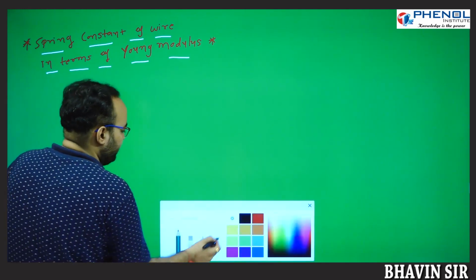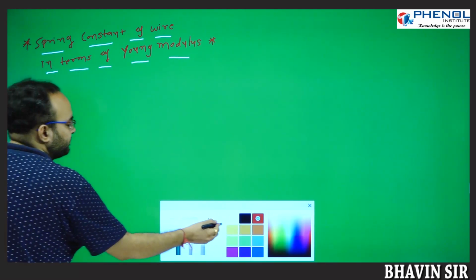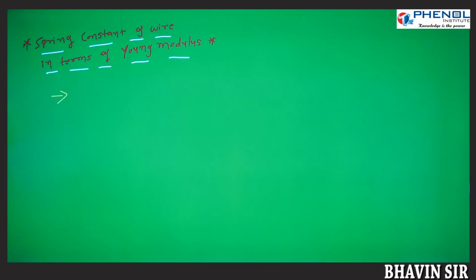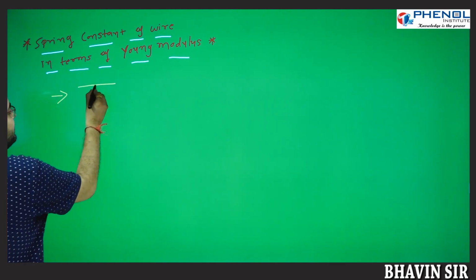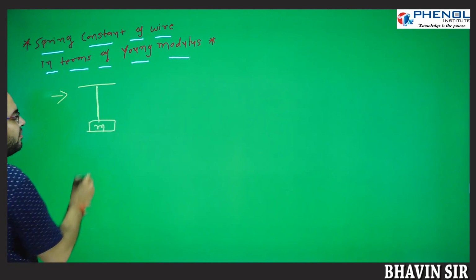See, the spring constant of a wire in terms of Young modulus. See students, this is the wire, a very thin wire attached to a block of mass m.